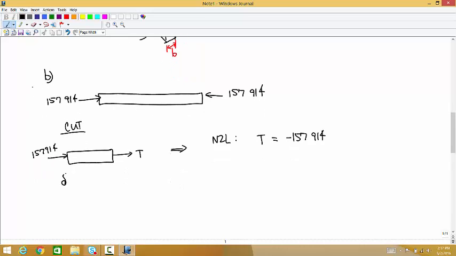And then the elongation is equal to the tension times the length over EA. So we have negative 157,914 times 3 over 100 times 10 to the 9th. And then the area is 0.0012. Yeah, that's got to be it.